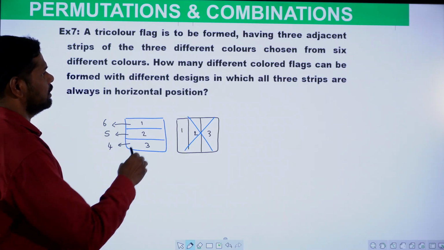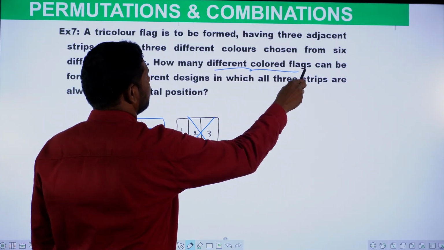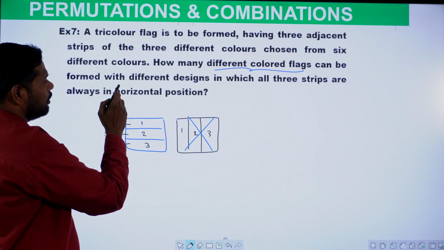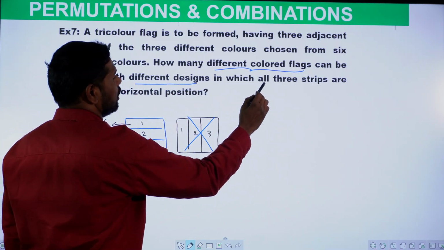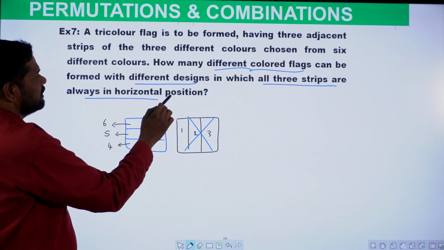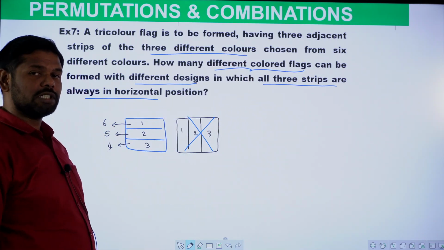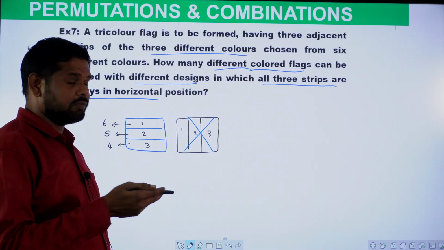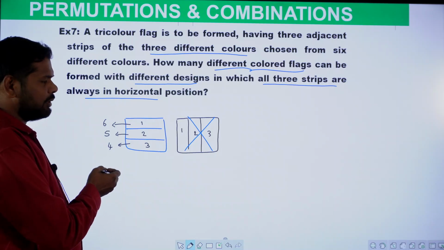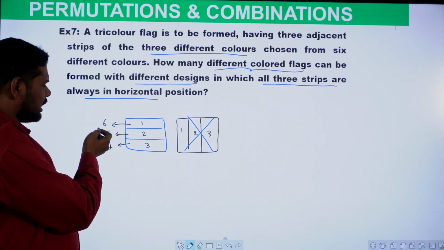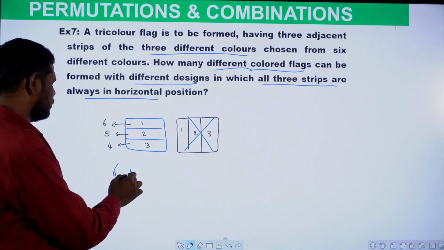We must choose 3 different colors for 3 strips. That's why first case 6 options, second 5, then 4. So 6 into 5 into 4.